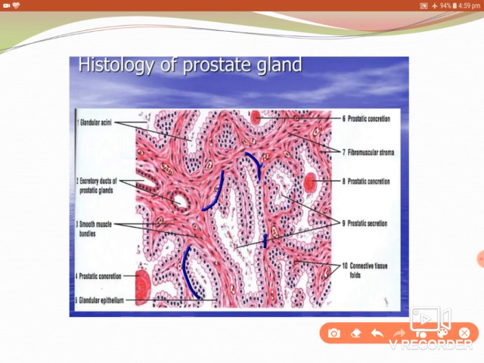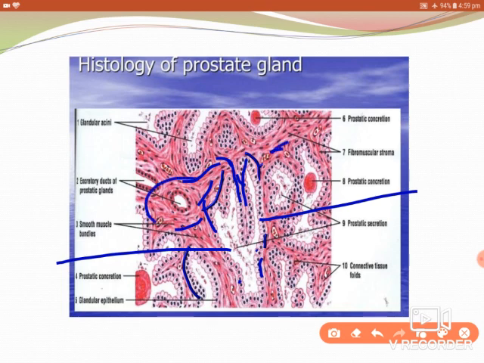This irregularity is due to the protrusion of connective tissue into the acini. It is lined with either cuboidal or columnar cells. These are the columnar cells, and in some places we get cuboidal cells. This region is the fibromuscular part, connective tissue fibers with smooth muscle fibers.